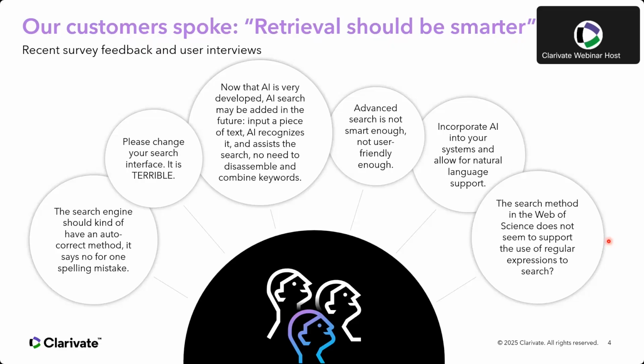So in the last couple of years, obviously, when you receive such feedback, we understand the needs, and many users, researchers, clearly expressed their expectations: provide a more intelligent, a smarter search experience within the Web of Science. This new search should leverage the recent advancements in terms of technology.